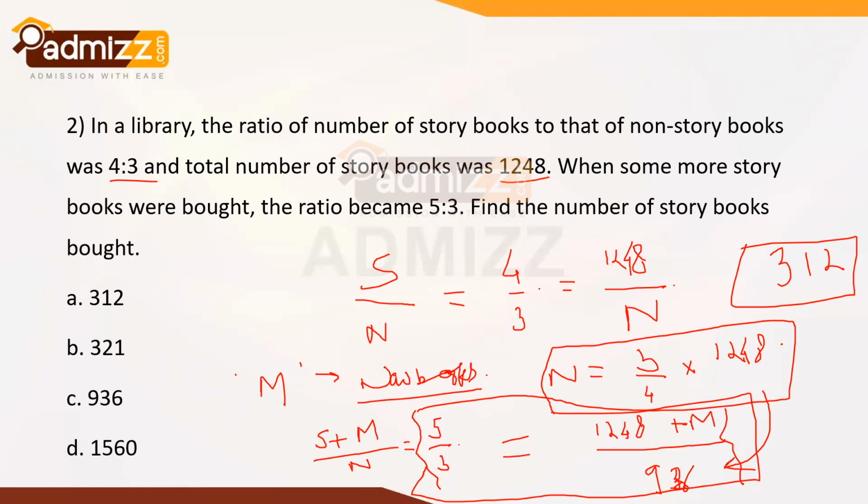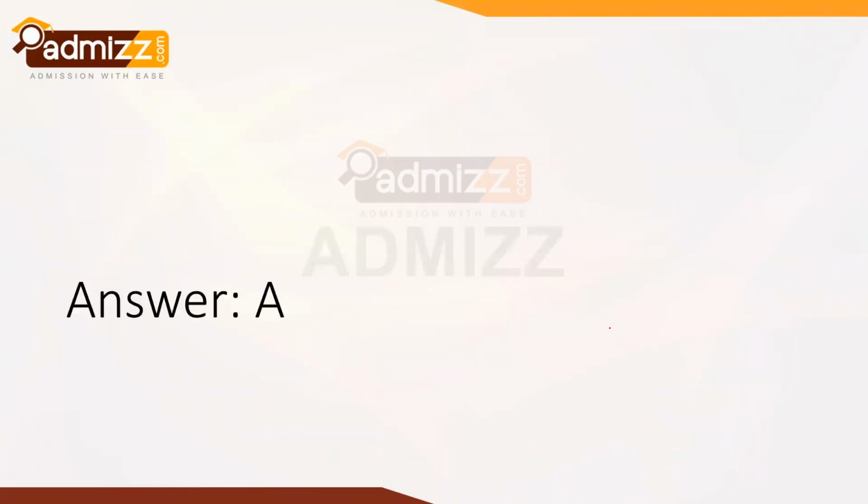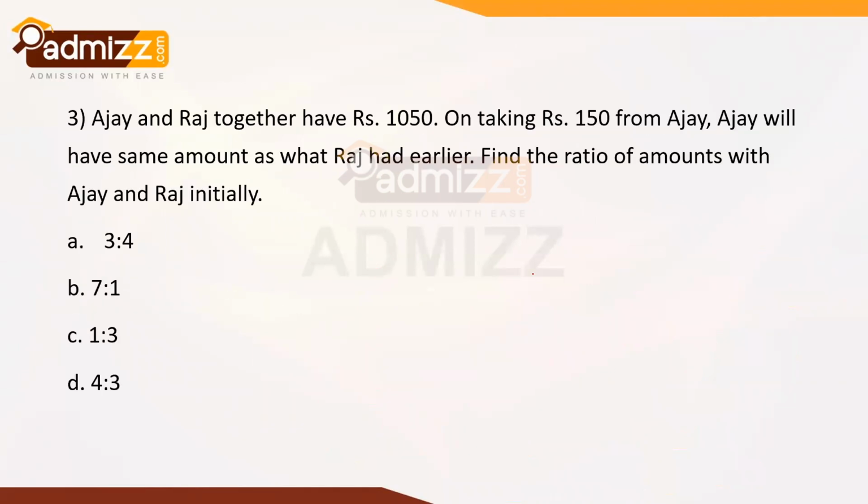All right. So with that said, let's move on to the third problem. We've got Ajay and Raj together have rupees 1050. On taking rupees 150 from Ajay, Ajay will have the same amount as what Raj did earlier.